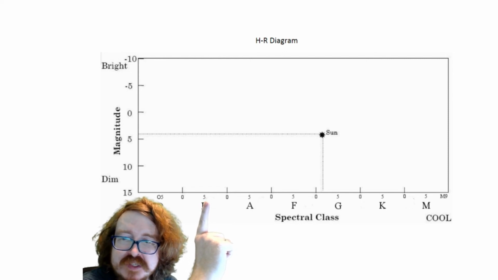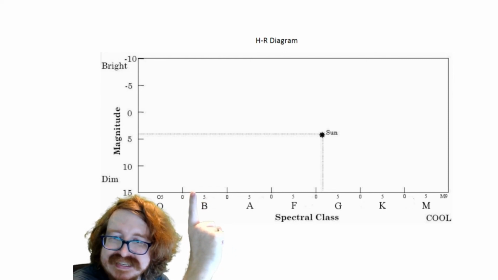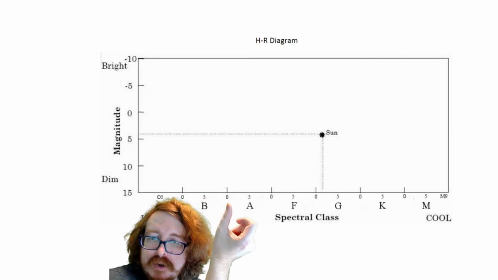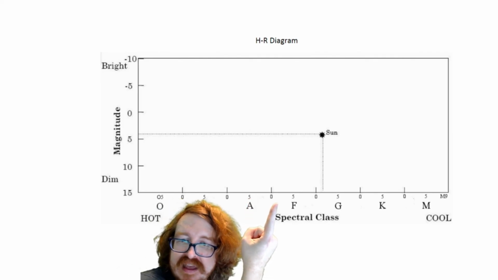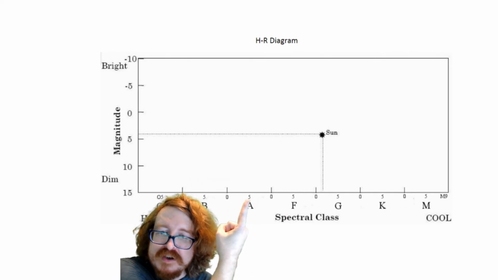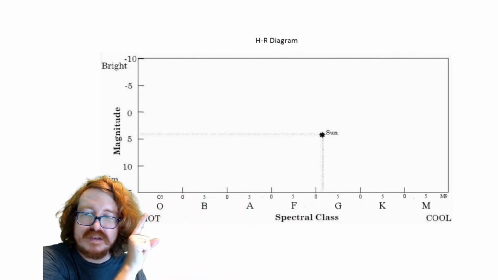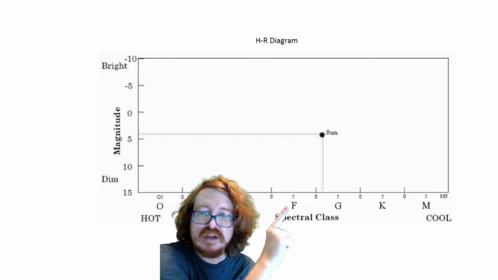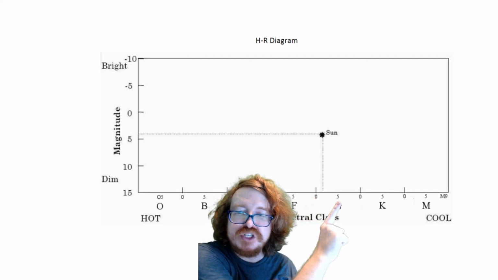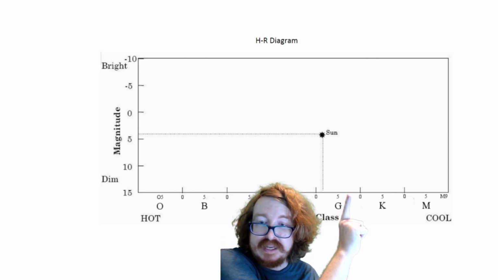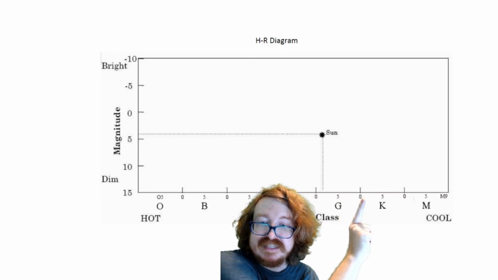So if you had a star that was a B2, you would place it between the B0 and the B5. This is an A0 and an A5, F0, F5. So that means the lower the number for each letter, the hotter it is. So a B0 is hotter than a B5. A G0 is hotter than a G5. If you had a star that was a G7, you'd put it right around here, because that's G0, G5, and G7 would be before you get to the next one.